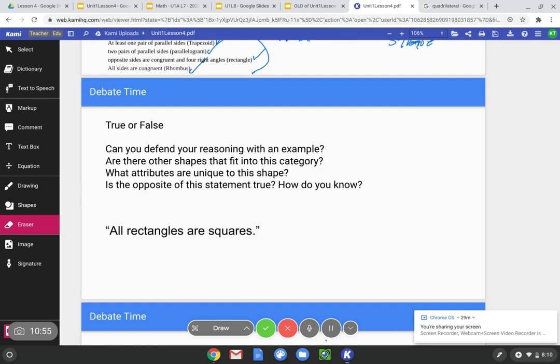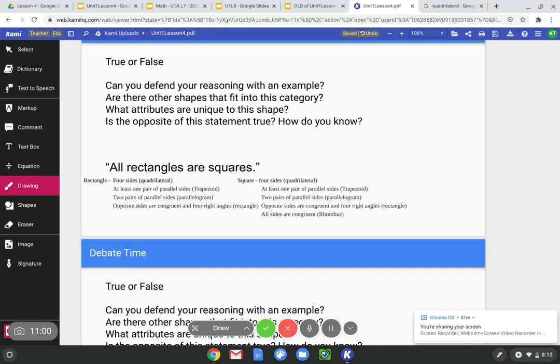Again, let's begin with the definitions. We have our definitions here, or rather just bullet point qualifications that each shape must have. And we can see that the rectangle and square both have 4 sides. They're both quadrilaterals. They both have at least 1 pair of parallel sides, so they're both trapezoids. They're both parallelograms.